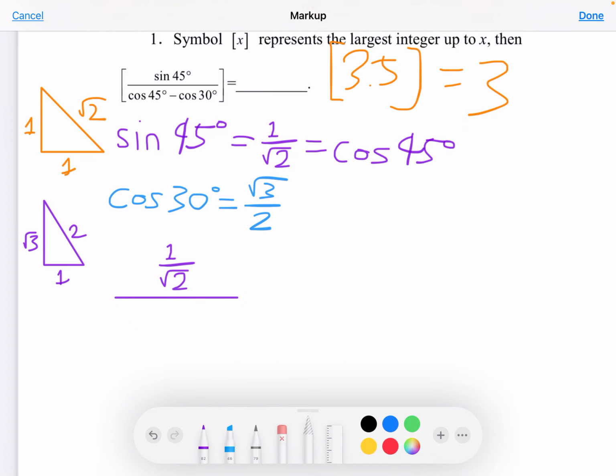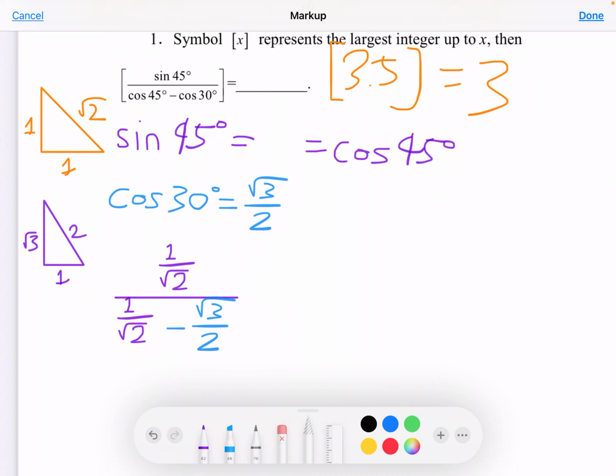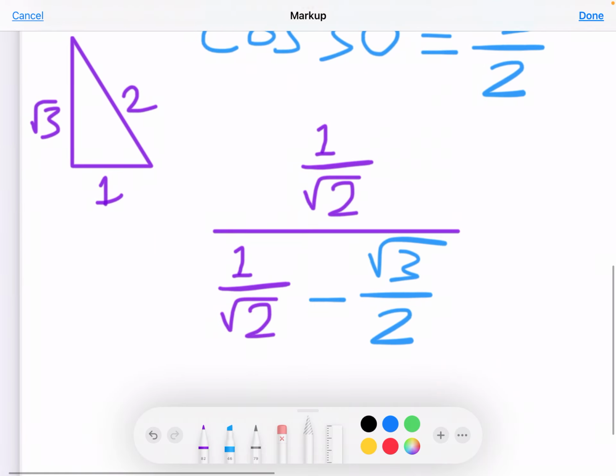And then we have cosine of 45 minus this. First we need the two bottom numbers to have the same denominator.